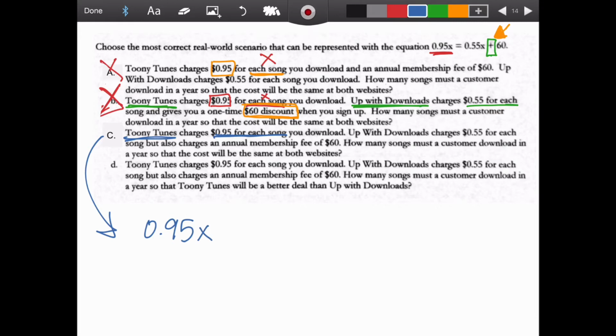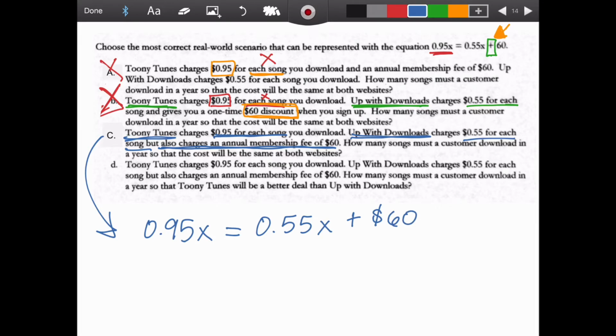It says Up with Downloads, so now we're talking about the second company, so equals. It charges 55 cents for each song, but also charges an annual membership fee of $60. Now again, we're being charged this $60, so it is being added to what we're already paying.